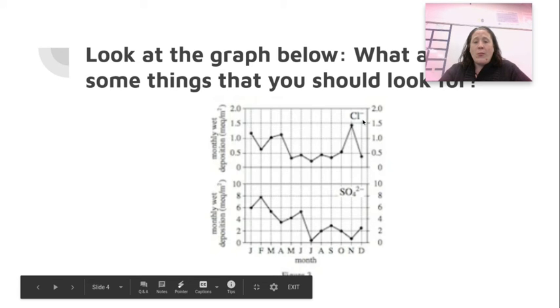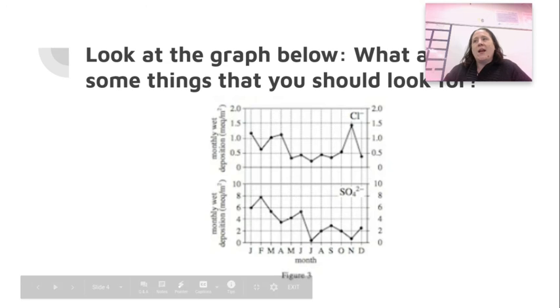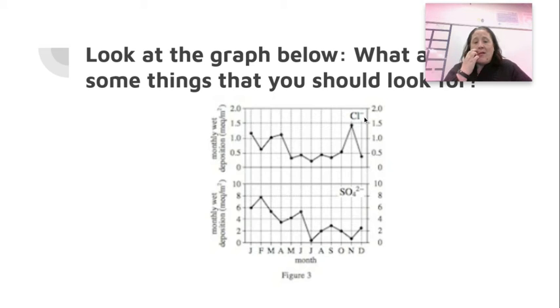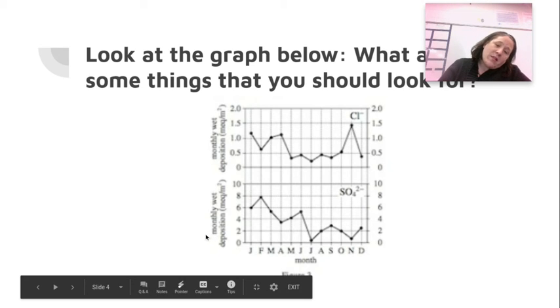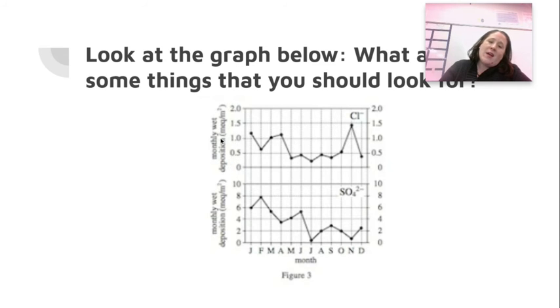And then if we go up, we see that we have Cl with a negative sign. Even if you didn't know what the negative sign is, these are different ions. These are different data being represented. And we also have the monthly wet deposition. That just means precipitation. So the monthly wet deposition, again, that's how much we have in our rain.